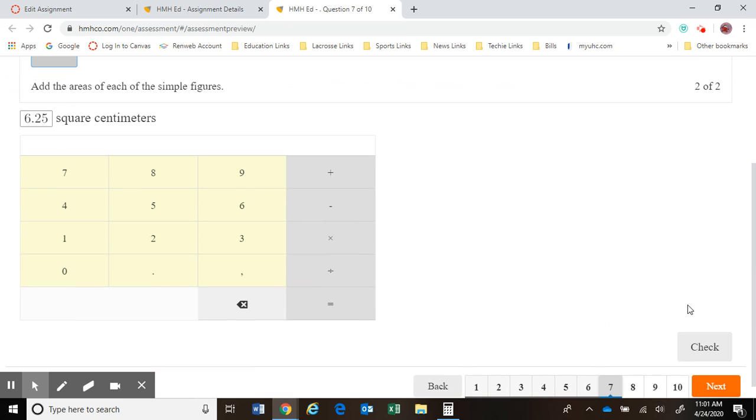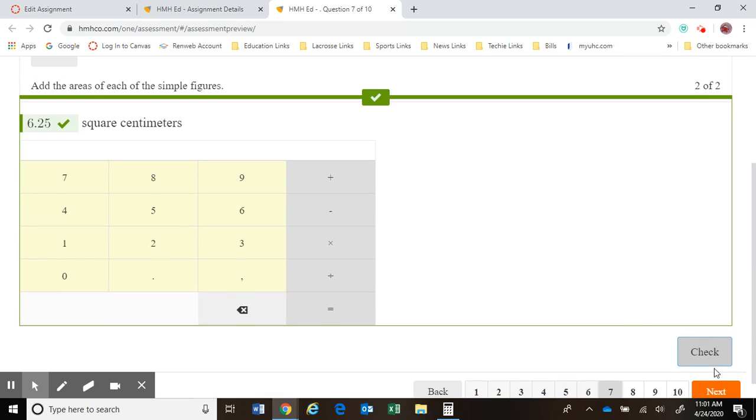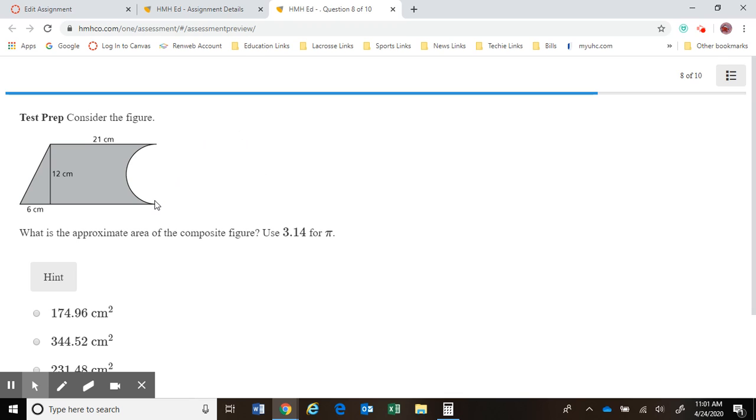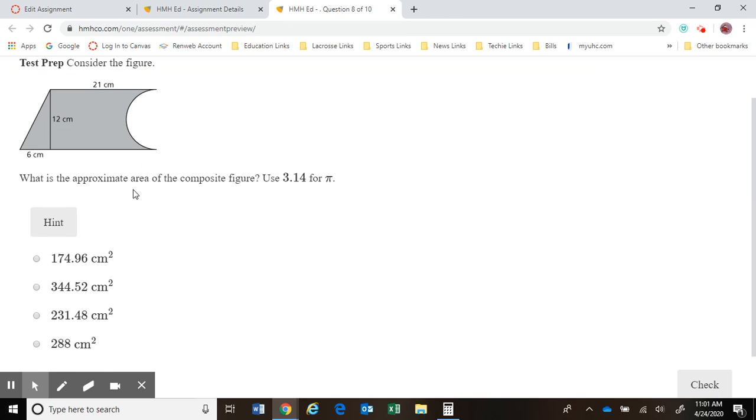All right. Moving on, question number 8. Oh man, what shapes do I have here? Well, I've got a triangle. What do I have here? I've got a rectangle, and someone took a bite out of it in the shape of a semicircle. So we need to find the area of my triangle.